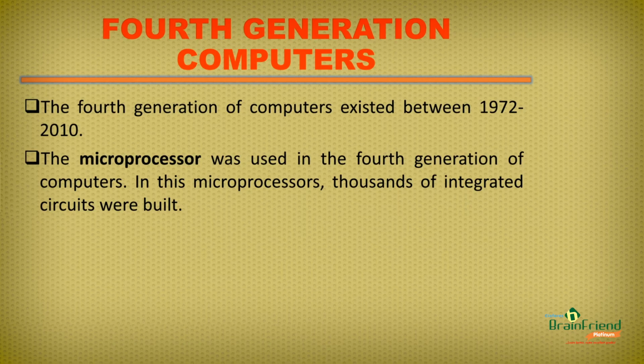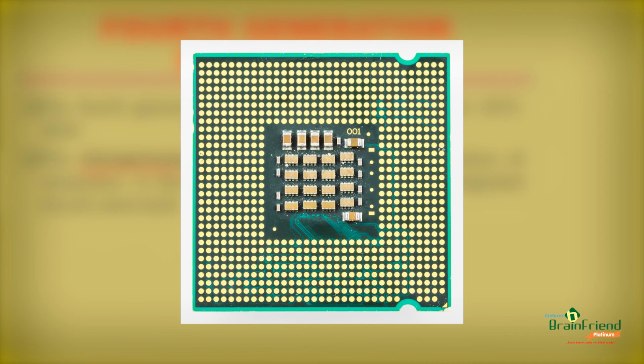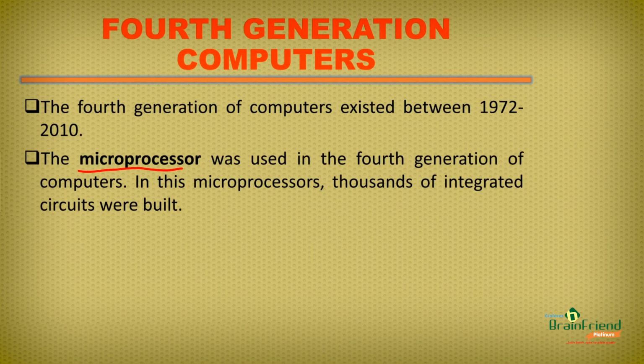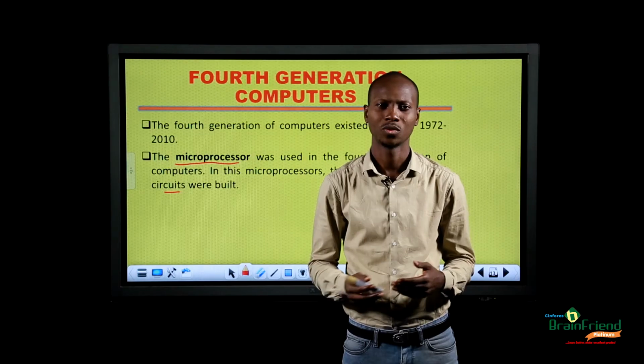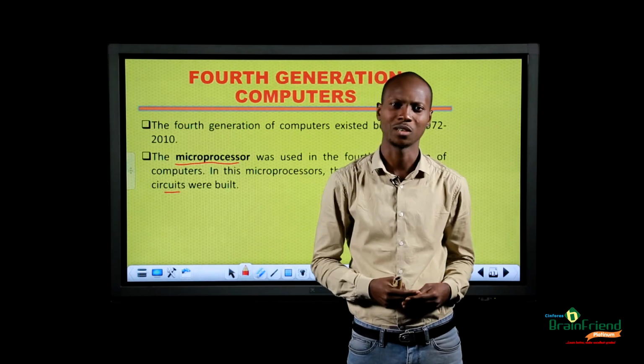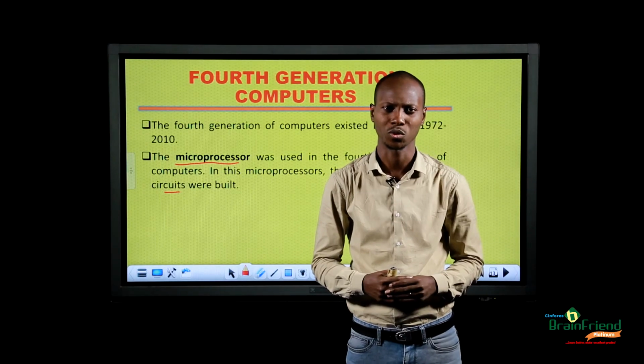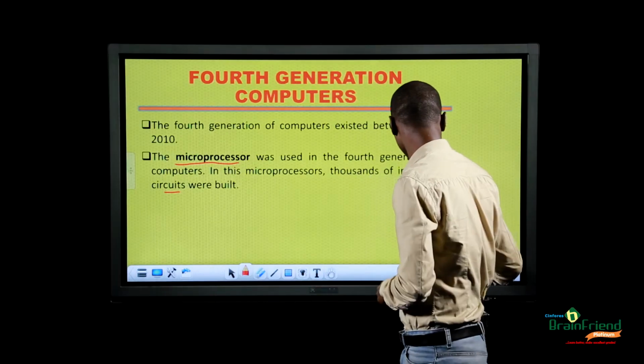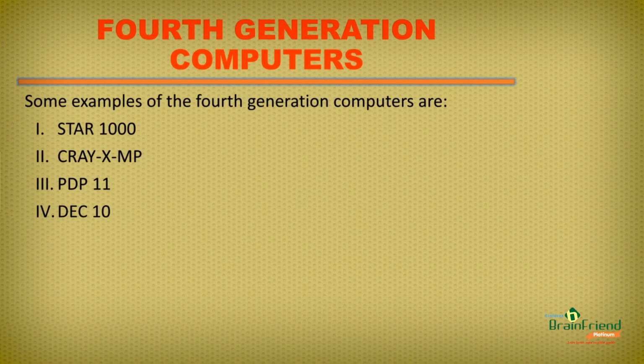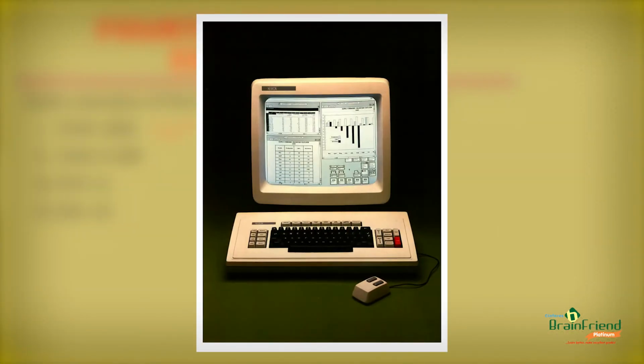In this generation, microprocessors were introduced. And these microprocessors consist of thousands of integrated circuits. Now, let's move on to see some of the examples of fourth generation of computers. They include number 1, Star 1000.